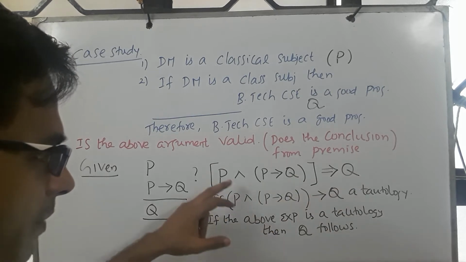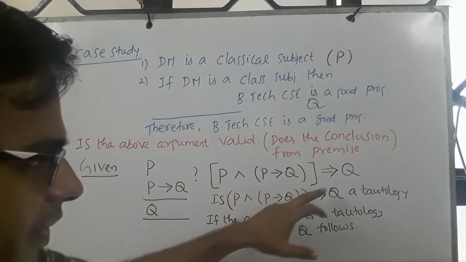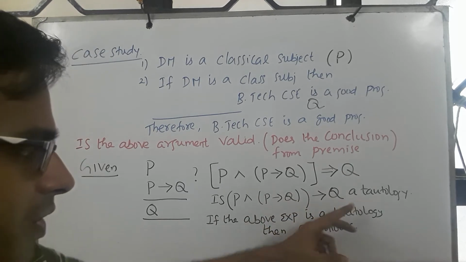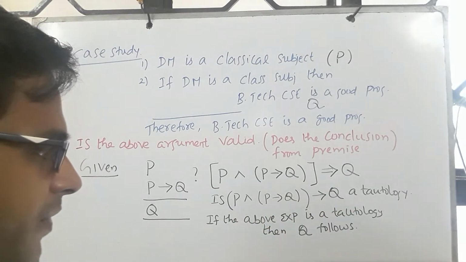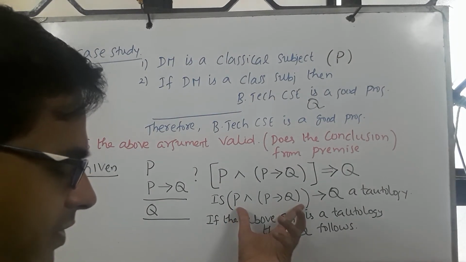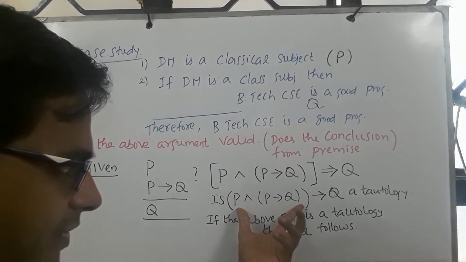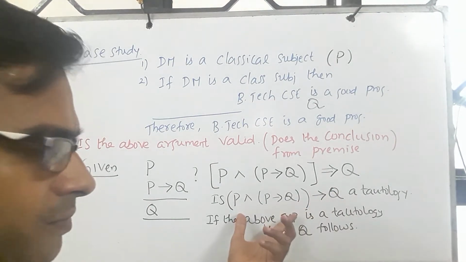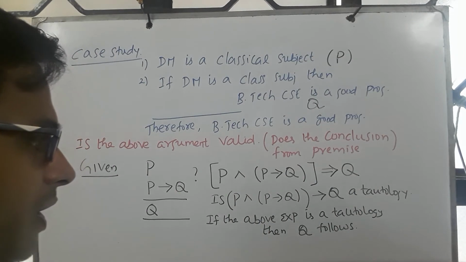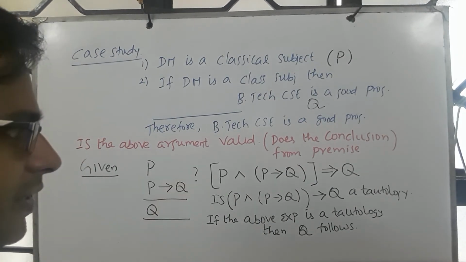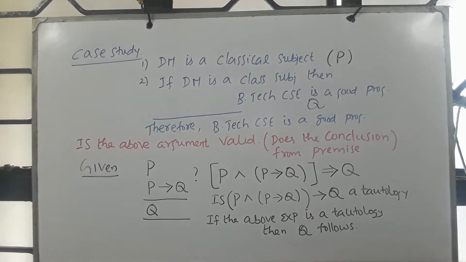Formally, P and P implies Q. Is it a tautology? Suppose it is a tautology, then as I said before, I can replace this with Q, which means Q follows from this. So now let's verify, is this indeed a tautology?